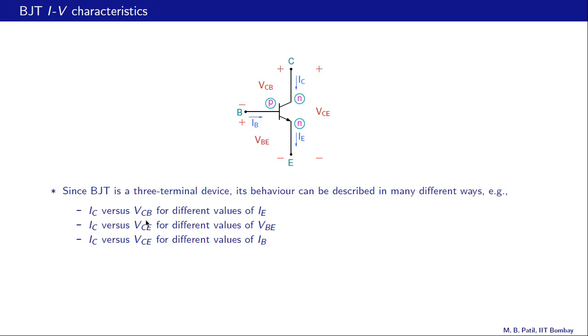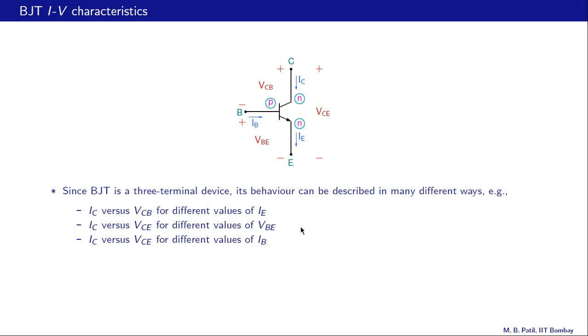IC versus VCB. So this current IC versus this voltage VCB for different values of IE, IE1, IE2 and so on. Or we can plot IC as a function of VCE for different values of VBE, VBE1, VBE2 and so on. Or we can plot IC versus VCE for different values of the base current.